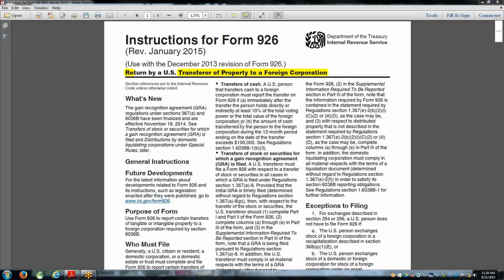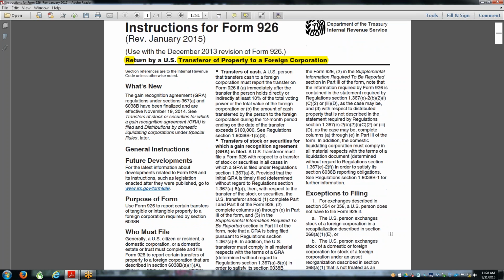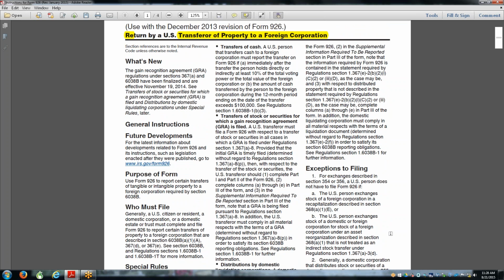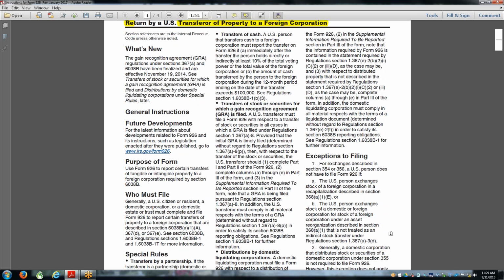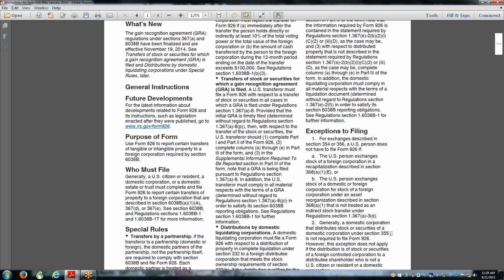The part I really want to pull out of this form, and let you pull it up when you need to, or just pull up this video, is the exceptions for filing, and they're down here. And they are very unique, and usually a closely held business will not have any of these exceptions.